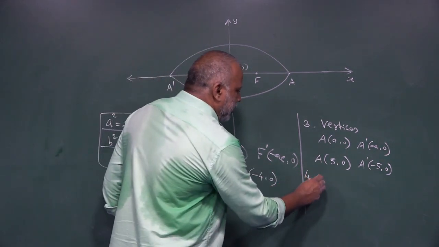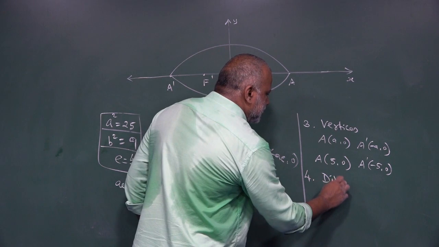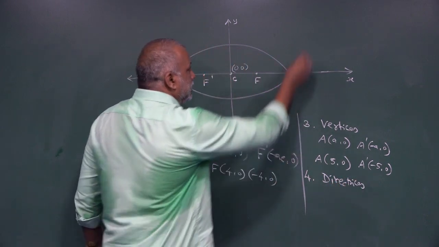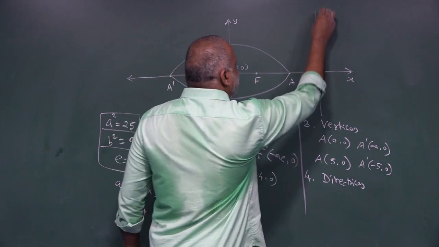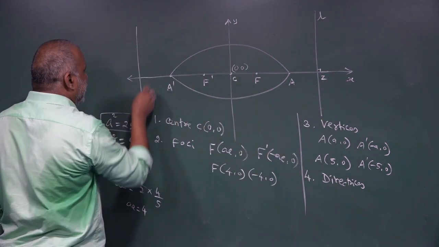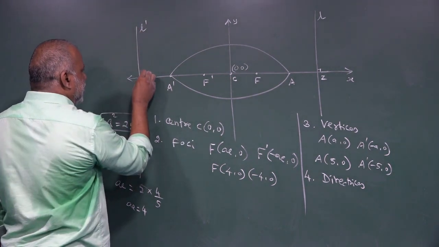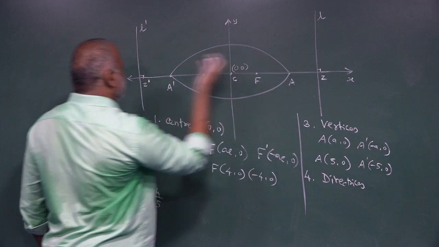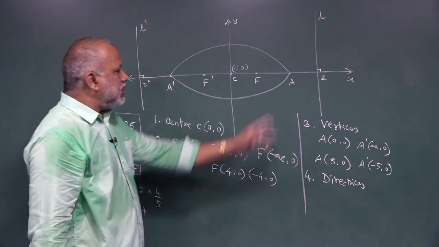Then the fourth one is directrices. See, it must be the directrix L. It passes through the point Z. It must be the another one, L dash. It must be passing through the point Z dash. So Z here, Z dash here. See, what is the equation?